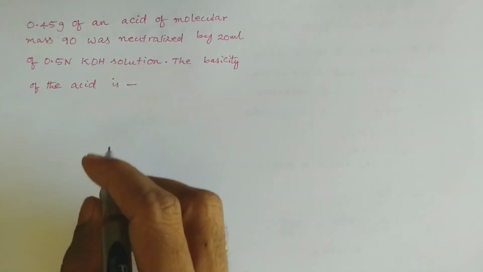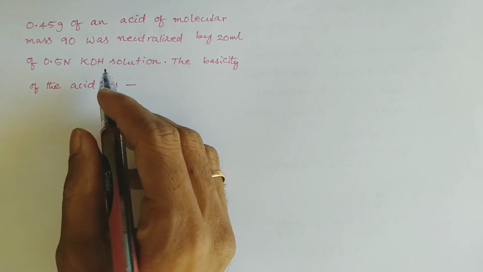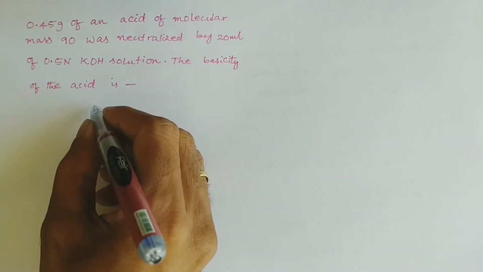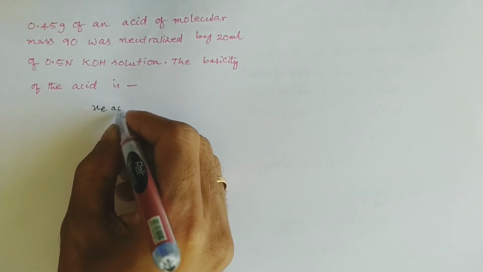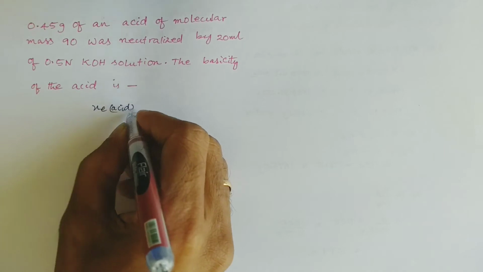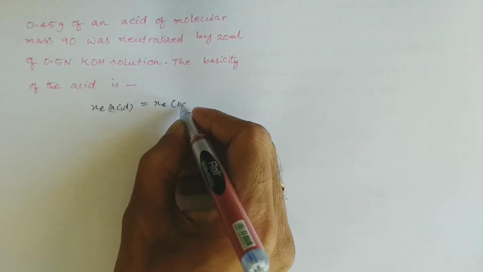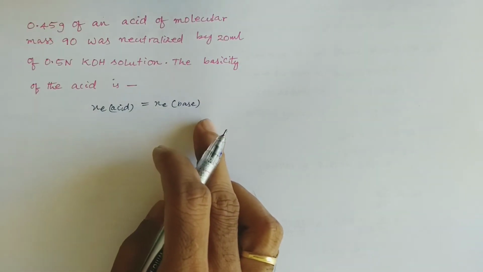That means it is an acid-base neutralization reaction. And what is the principle? The principle is: number of equivalents of acid is equal to number of equivalents of base, right?